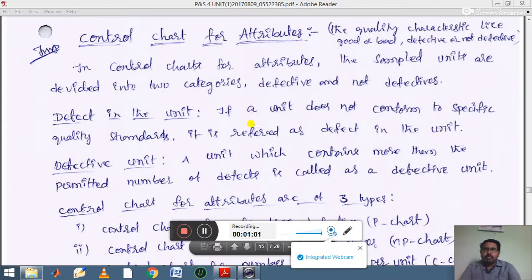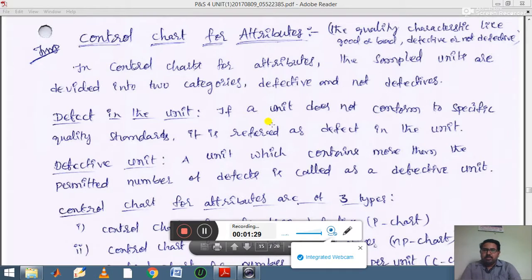A defect in the unit means that if you take any product, it is not meeting the standard quality requirements mentioned by the corresponding company and industries.